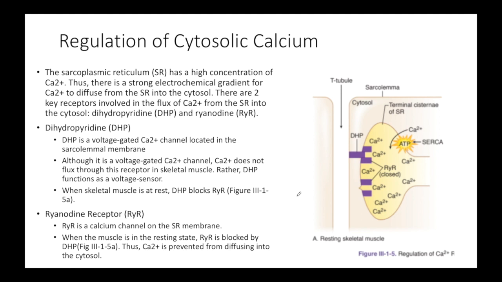There are two receptors involved in this movement of calcium from the SR into the cytosol: the dihydropyridine receptor and the ryanodine receptor. The dihydropyridine receptor, as we see here, is voltage gated, and it's located on the sarcolemmal membrane.